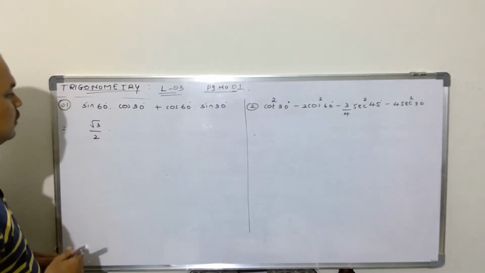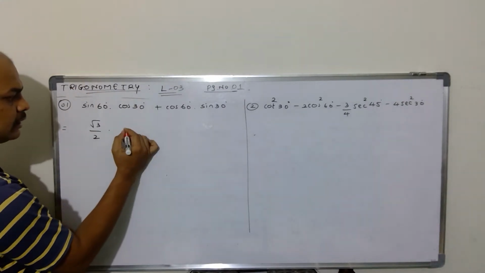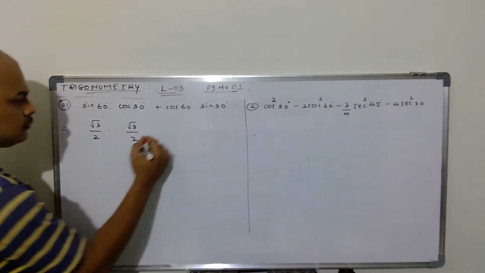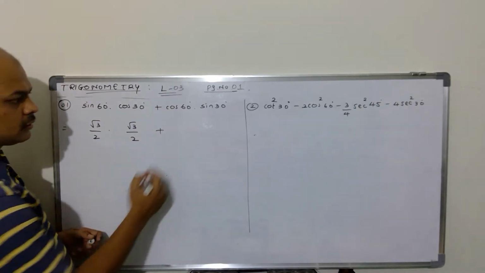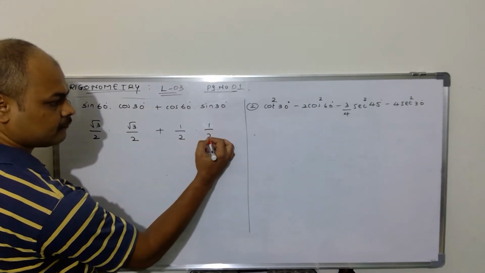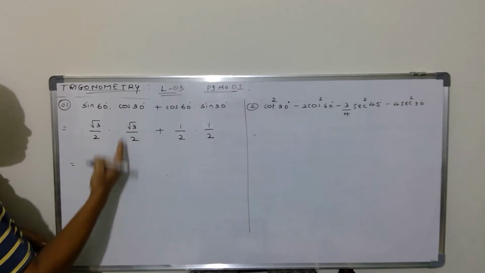Now cos 30 degree, in that table it is root 3 upon 2, plus cos 60. The cos 60 is half and sine 60 is root 3 by 2. Then let's simplify.